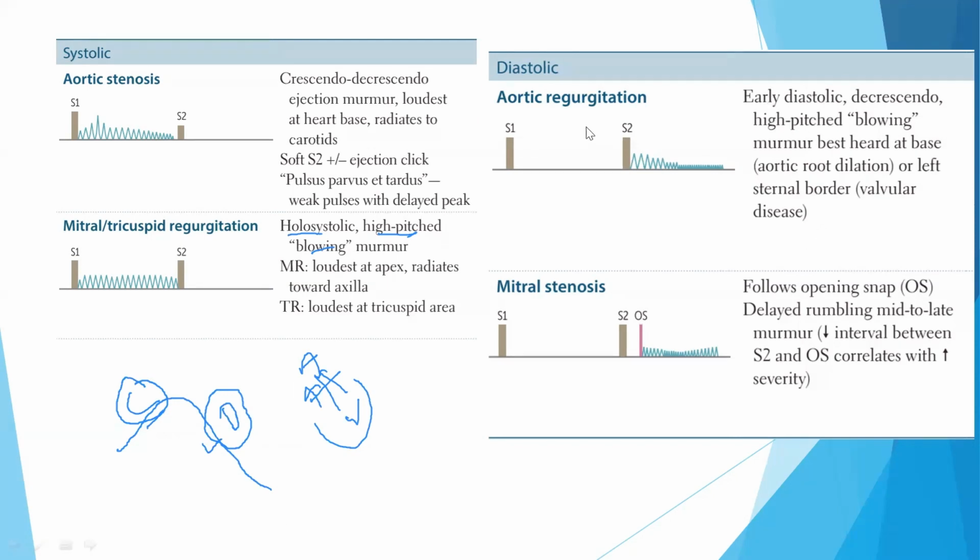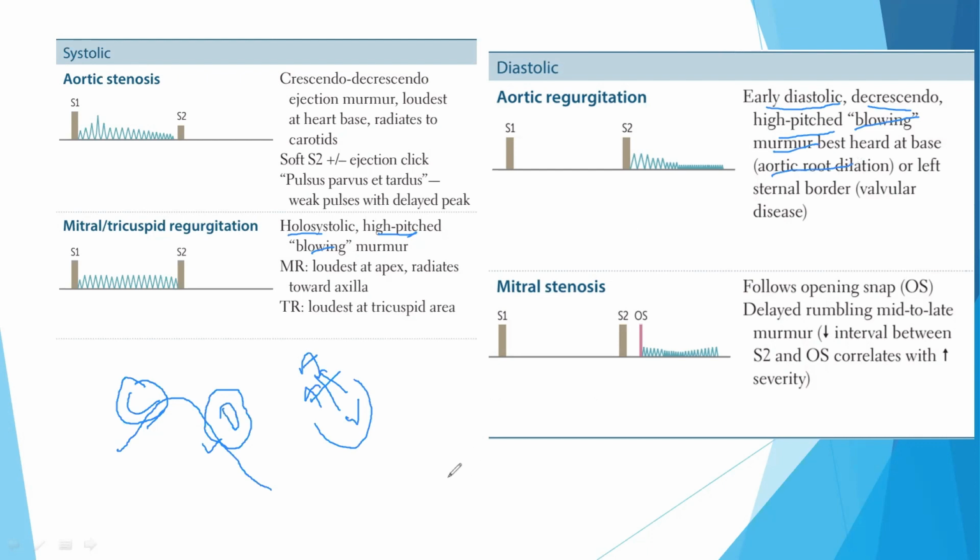Also, here you can see that in case of aortic regurgitation, there is an early diastolic, decrescendo, high-pitched blowing murmur heard best at the base, with aortic root dilatation.